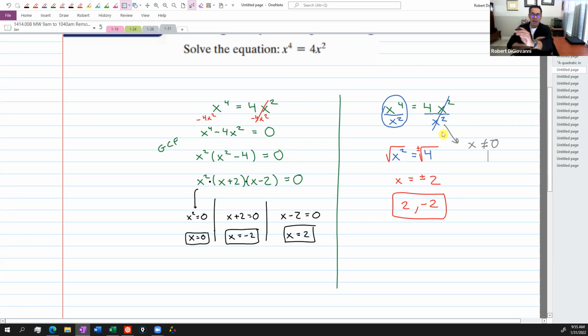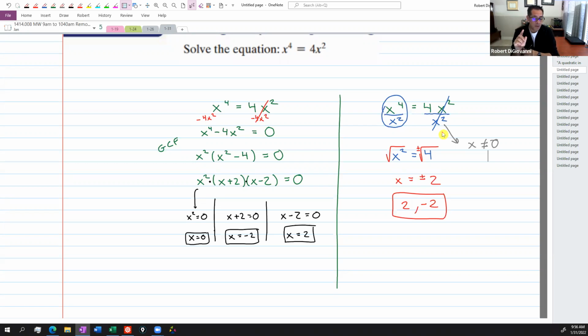So the thing I want you to take away from this, moving ahead into more math, is that you're always allowed to multiply both sides of an equation by anything and divide by anything except 0. And so if you're multiplying or dividing both sides of an equation by a variable, then you're possibly going to eliminate an answer.